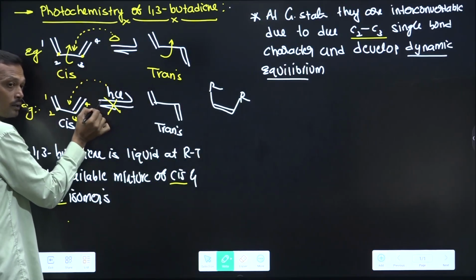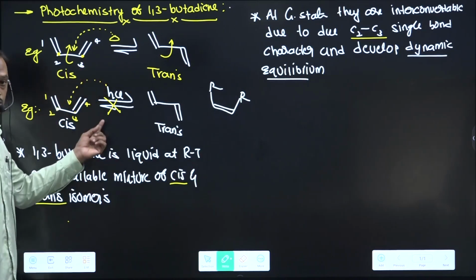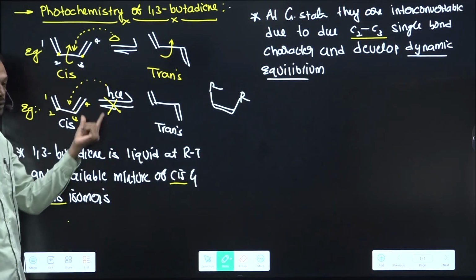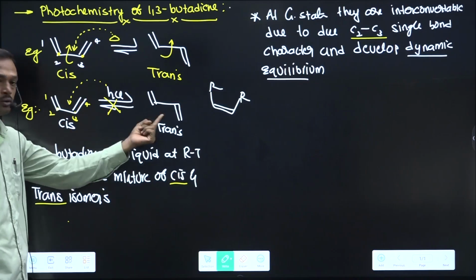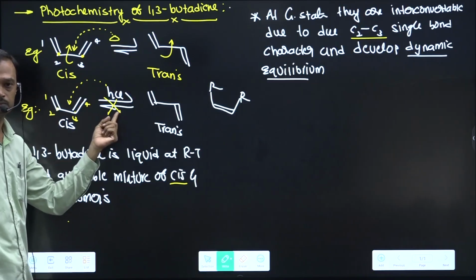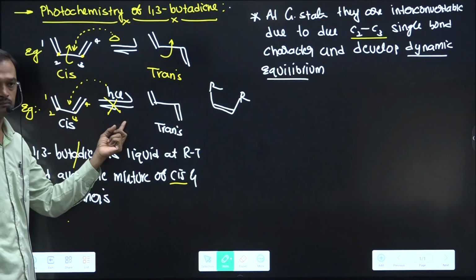It is possible in the ground state, which is nothing but thermal. So is cis-trans isomerism possible in the excited state for this molecule? No. In the excited state this molecule never gives cis-trans isomers. Only ground state interconversion is possible but not excited state. Ground state is nothing but thermal, excited state is nothing but photochemical.